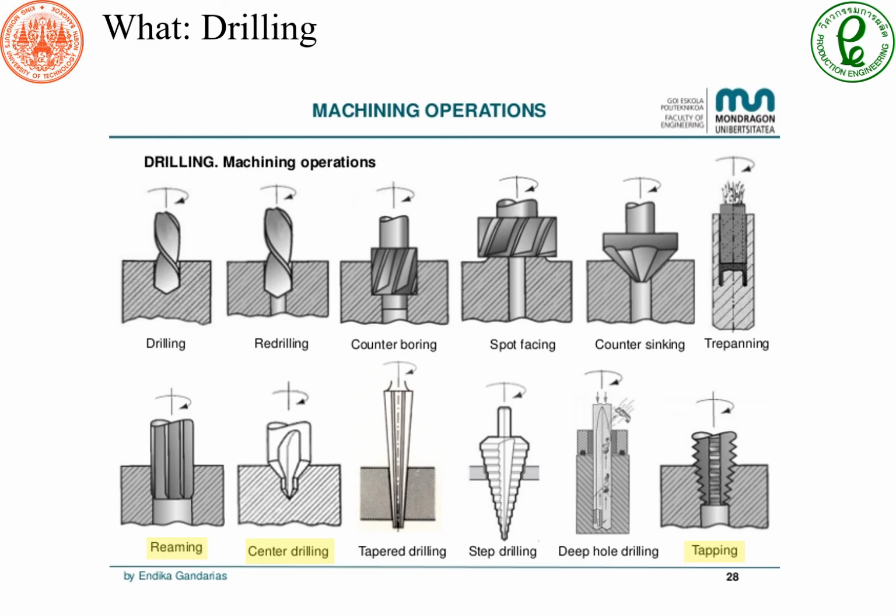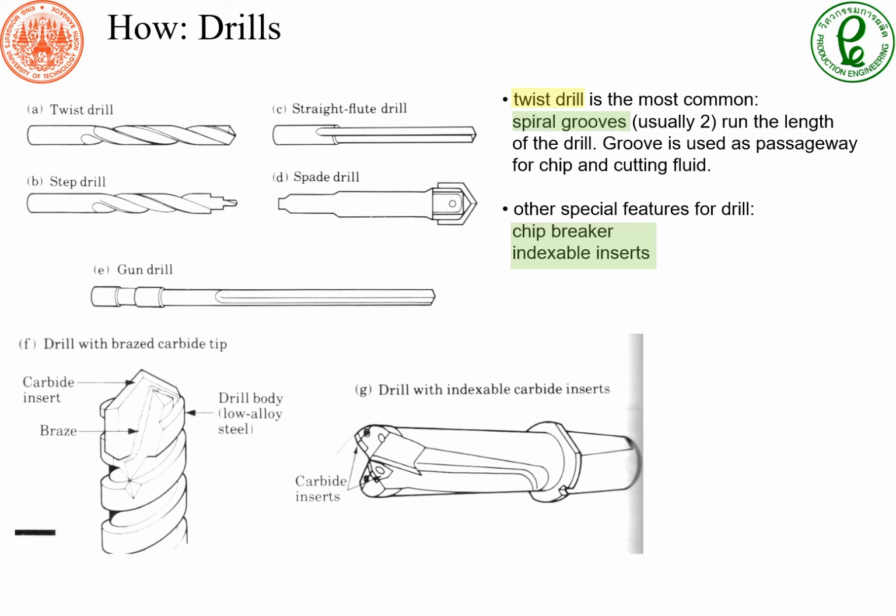Now in this case it is drilling. The drill itself has a variety of geometries. The most popular and most basic one is a twist drill, where we have the spiral groove. This spiral groove allows the cutting chip to flow up along the drill and be removed easily.